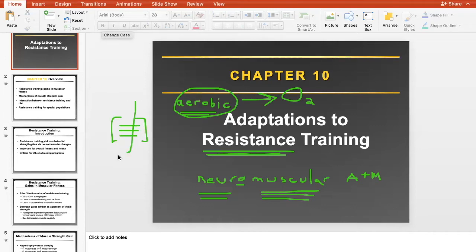And if that's the case, you're going to need to have testosterone, which is going to start to build up these actin and myosin filaments and result in hypertrophy. But if the intensity isn't high enough and these muscles aren't breaking down, there's not going to be such a need for neuromuscular adaptation. So the body will consider aerobic training, and then it will increase capillarization, blood flow, whatever it takes to use oxygen better for activity.